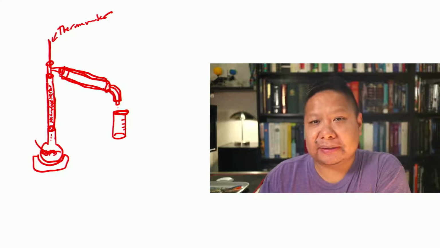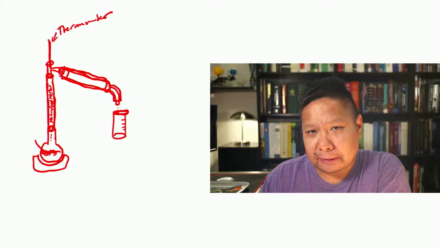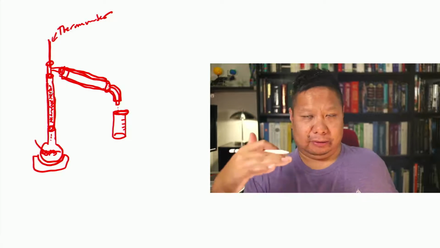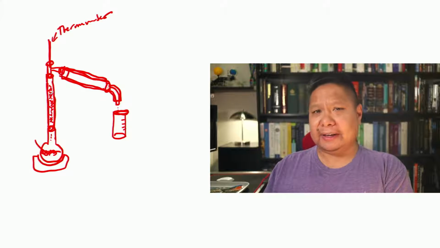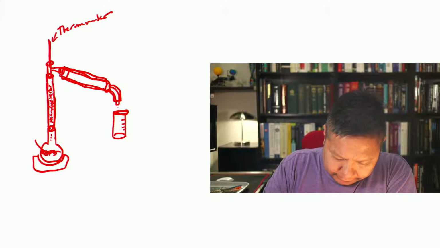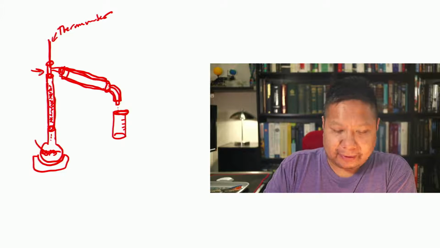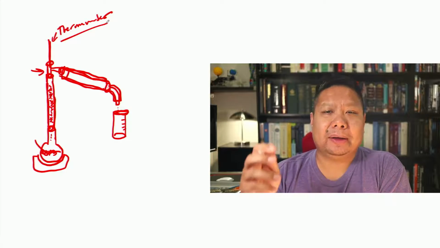It condenses on the chain or the beads, whatever you put in there to increase the surface area, and keeps condensing and evaporating until it makes it all the way up to this joint up here. And that's where you have the thermometer, sticking down in there too.